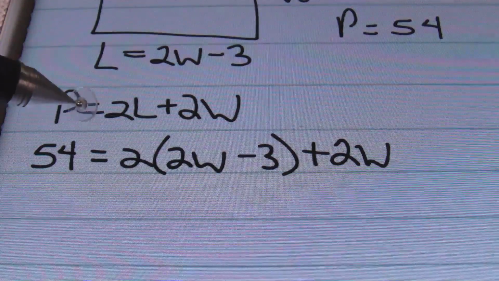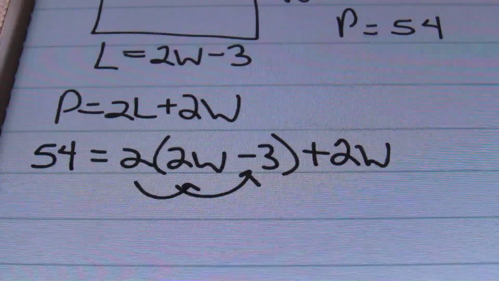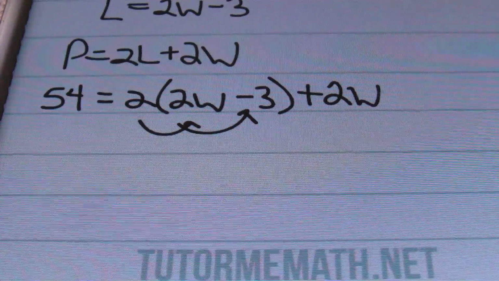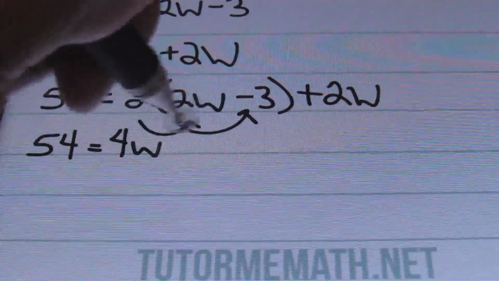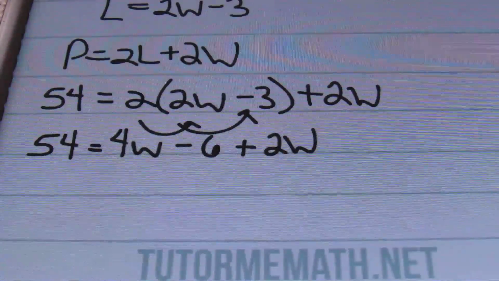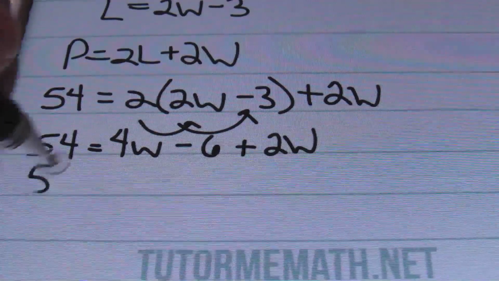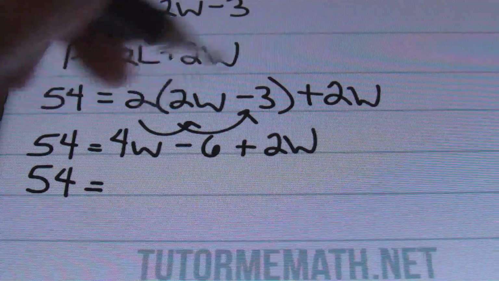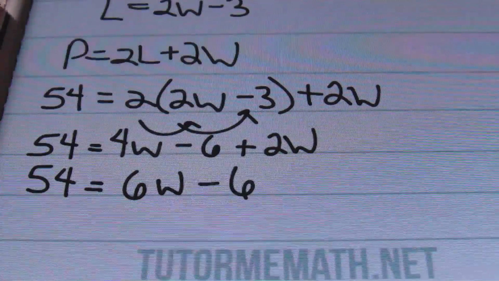Once I have my equation written, I'm going to go ahead and distribute. So here I got my arrows for my distributive property, and now I'm going to bring down 54, which equals 4W minus 6 plus 2W. From here, I'm going to be combining my like terms, so that 54 still comes down, and 4W plus 2W gives me 6W, and I'll bring down that negative 6.